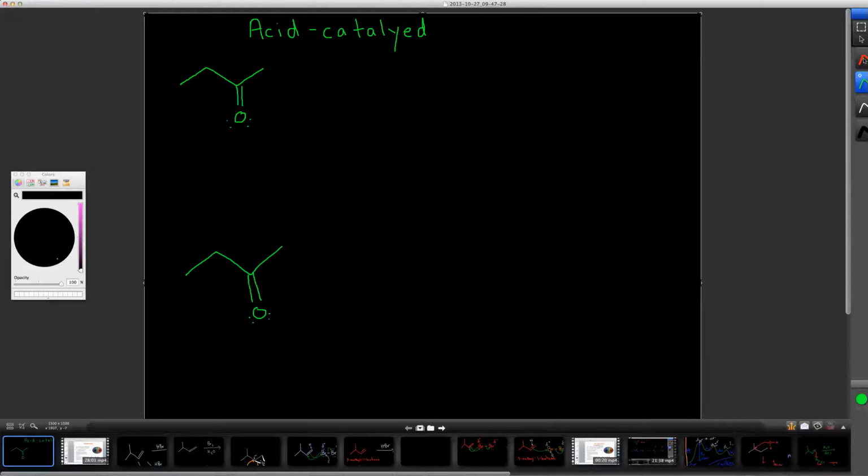And that is typically accomplished with a simple proton transfer reaction step. Of course, we've talked about proton transfers in fairly good detail in the previous week or two in class.